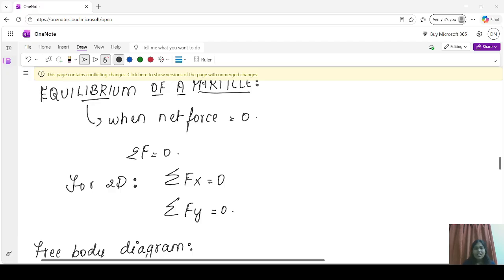There are a few types of equilibrium: static, dynamic, and rotational equilibrium. I'll explain each in the shortest way I can. So what is static? Static equilibrium is when the body is at rest and remains at rest.